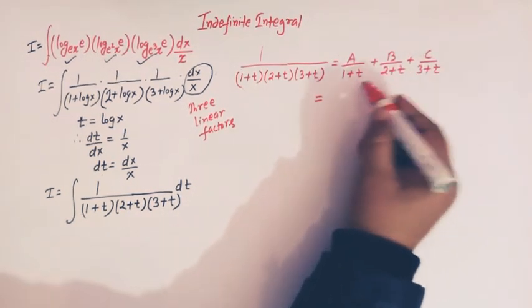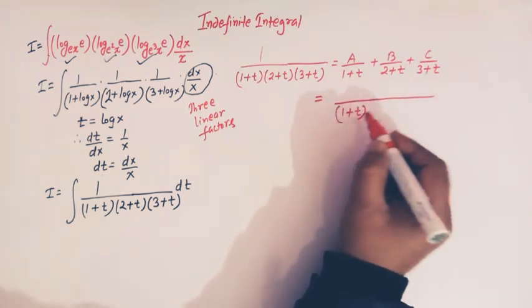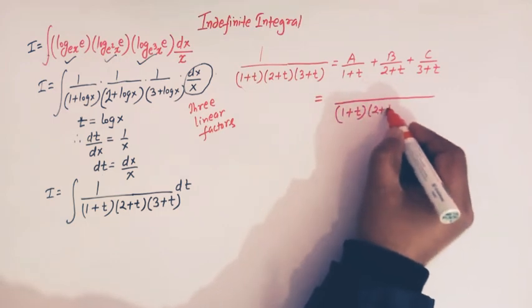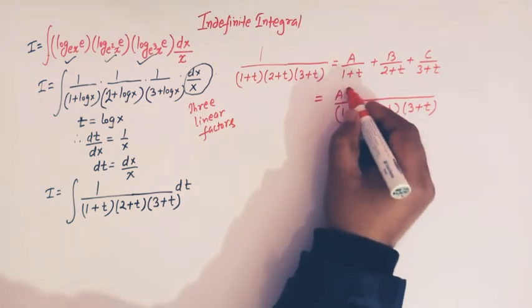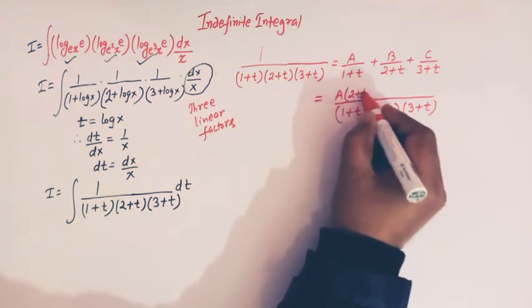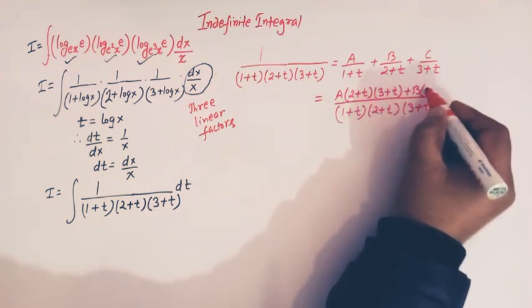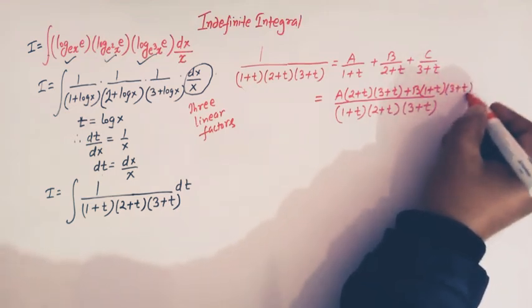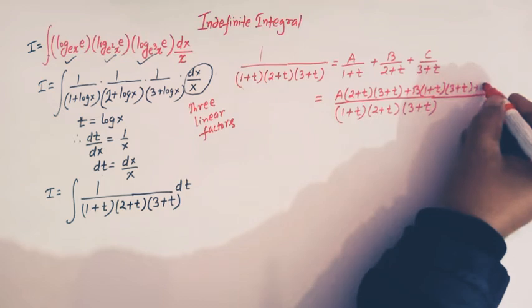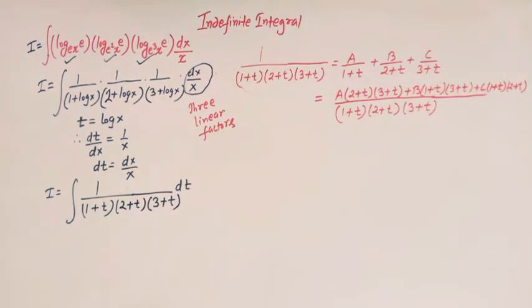And now we can take the LCM, and we have 1 plus t, then we have 2 plus t, and 3 plus t, and here we have a times 2 plus t, 3 plus t, then we have b times 1 plus t, and 3 plus t, and then we have plus c, and we have 1 plus t times 2 plus t, right?